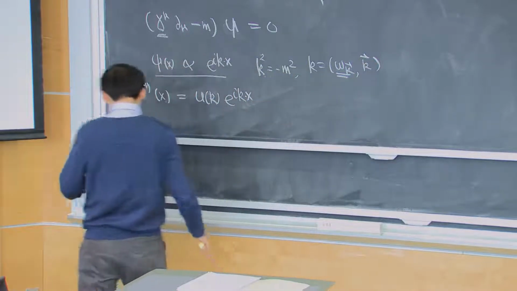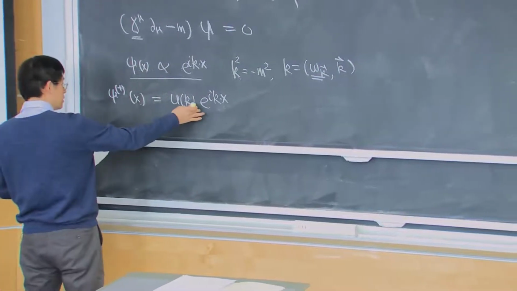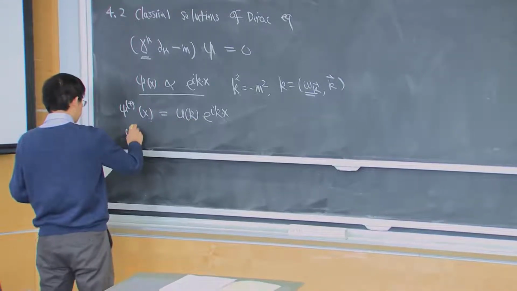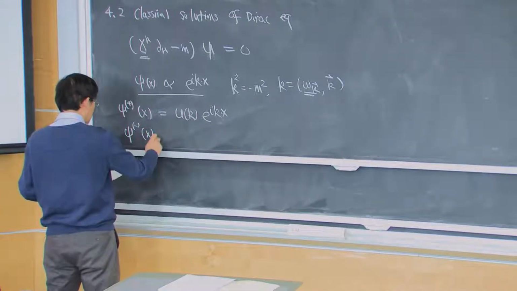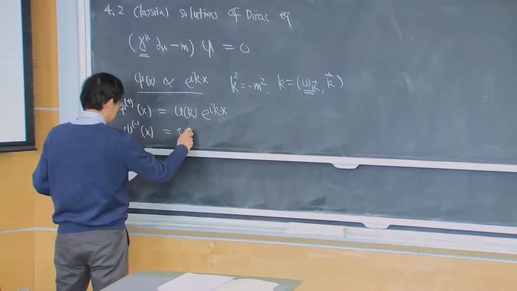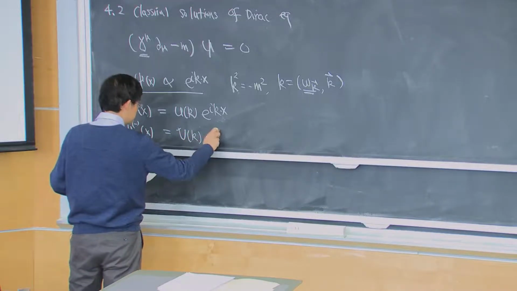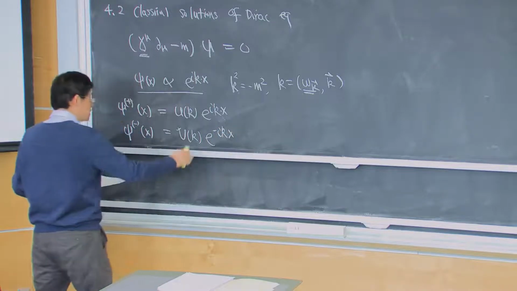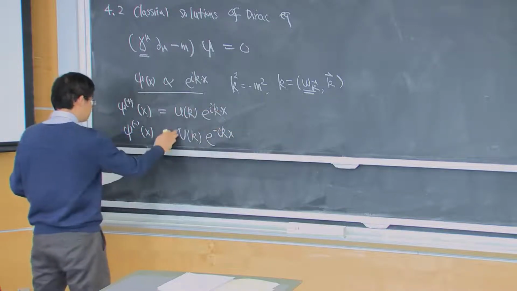This is the positive energy solution. Then we also have the so-called negative energy solution. These are just names. It does not really mean that they have positive energy or negative energy, it just means the sign here.